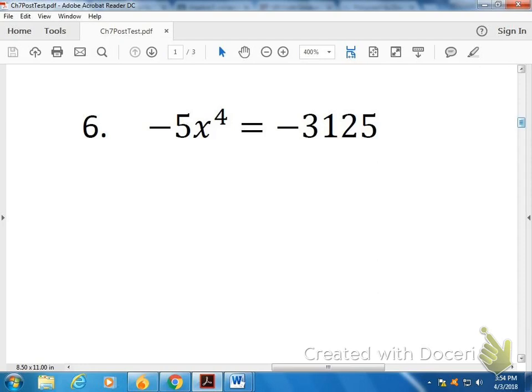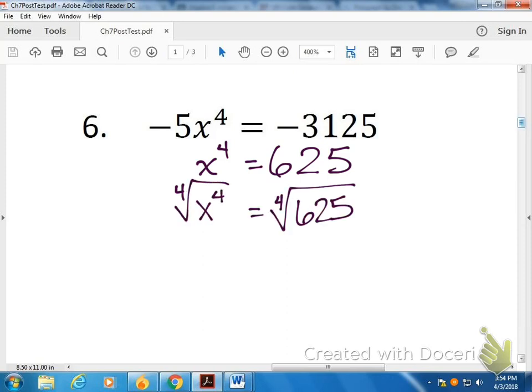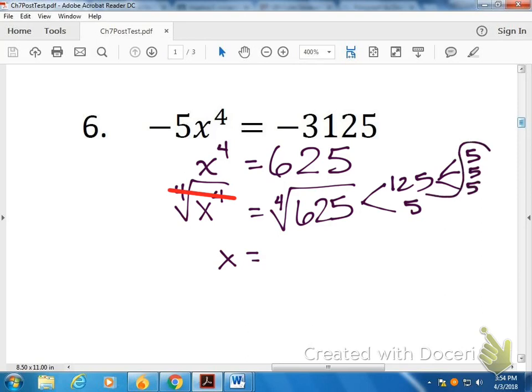So in this one, we're going to divide by negative 5 first. After you divide both sides by negative 5, we get x to the 4th equaling 625. Now we're going to take the fourth root on both sides. This is where the fourth root undoes the fourth power. So x is equal to 625 actually breaks up into 125 and 5, and 125 is 5 cubed, and there's our group of 4.